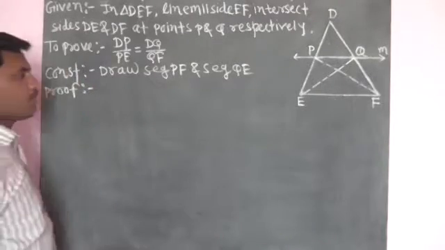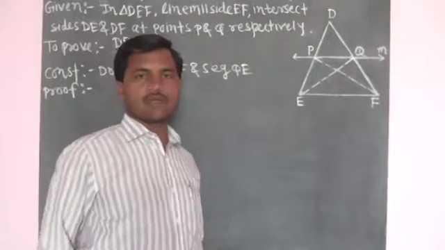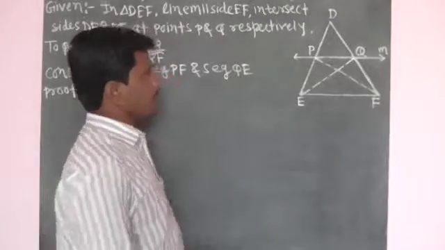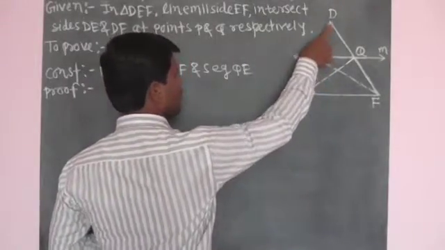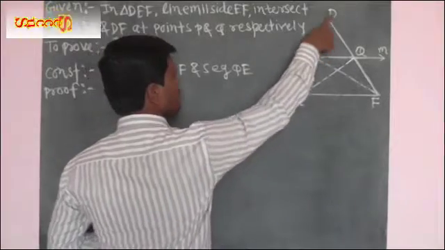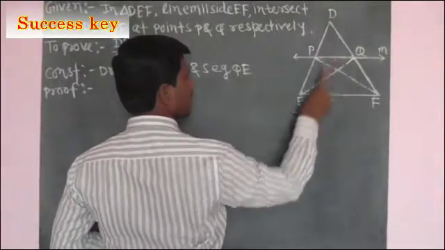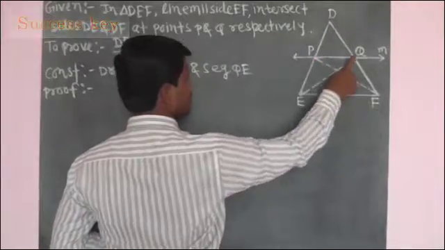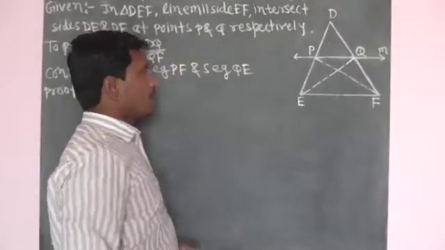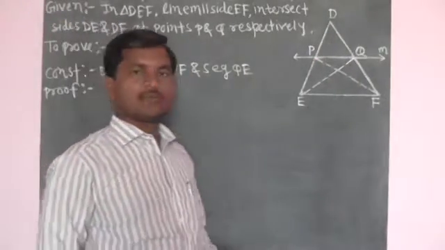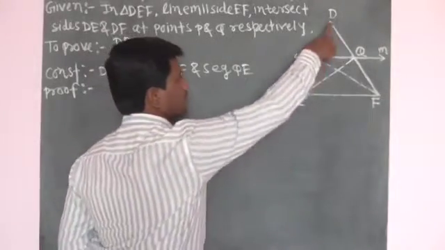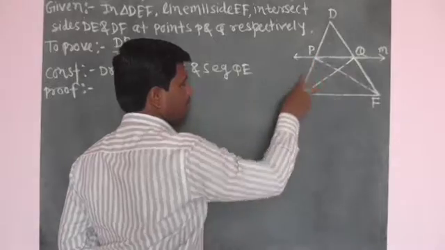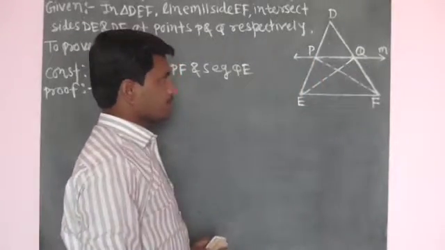Now we get the proof of the theorem. Look at the figure carefully. We get some triangles in the figure. We take the first two triangles, triangle DPQ and triangle EPQ. In triangles DPQ and EPQ, Q is the common vertex and their bases DP and PE are collinear.